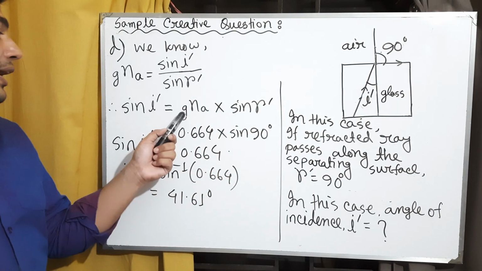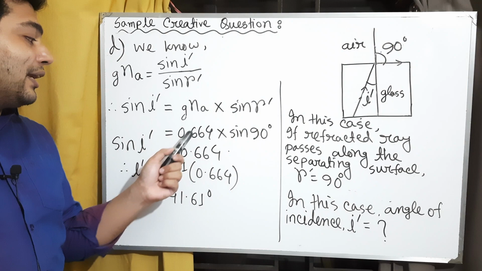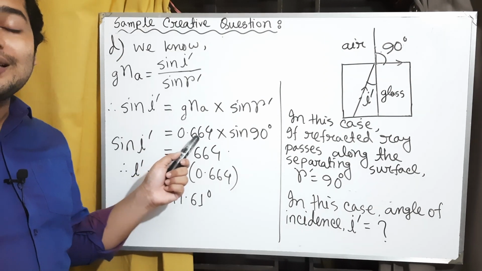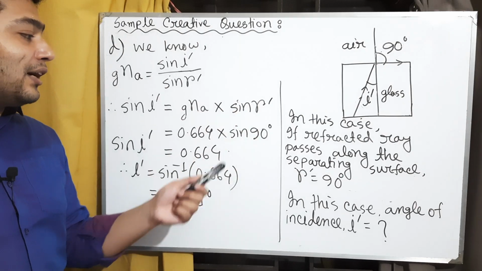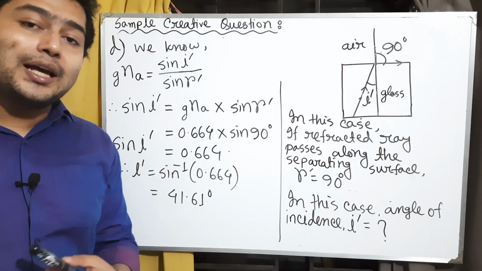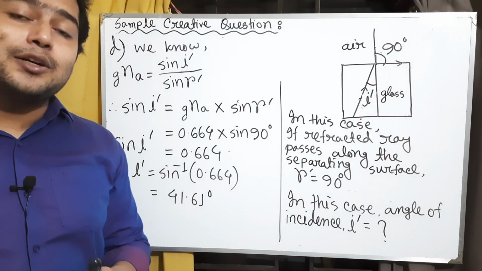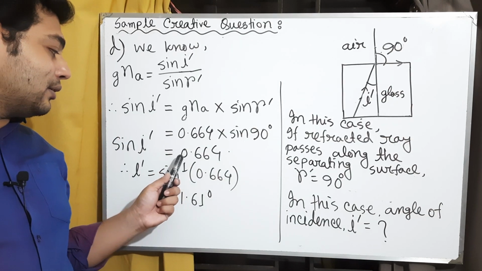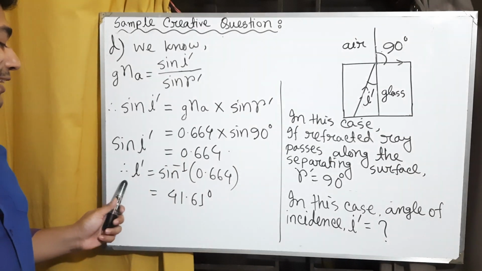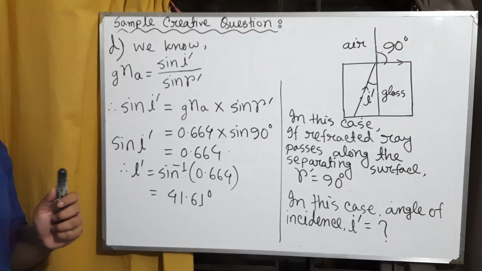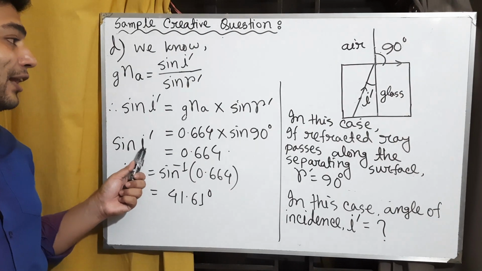Then gna equals 0.664 times sin 90 degrees. We know that the value of sin 90 degrees equals 1. So the value is 0.664. Then taking the inverse sine, we determine the incident angle for this case.